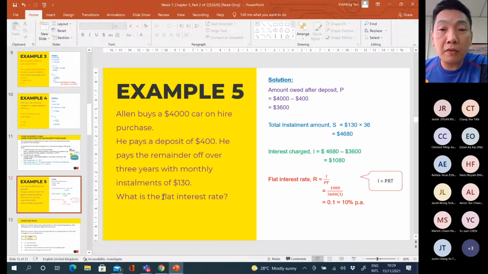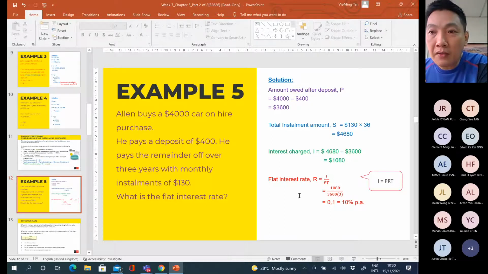The reason we use the word flat is that under the hire purchase, every month the customer, Alan, pays a similar amount of installment, 130. As a result, we call this interest rate the flat rate, or simple interest rate, same meaning.